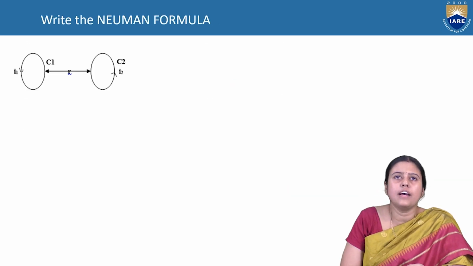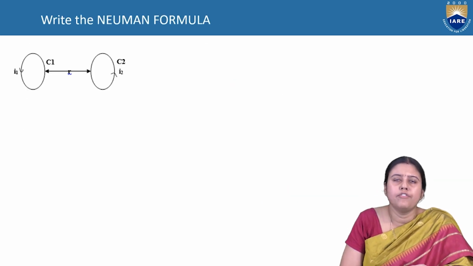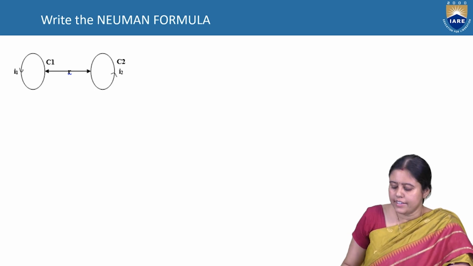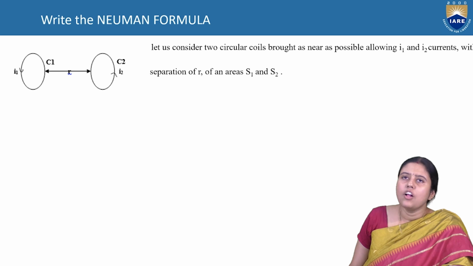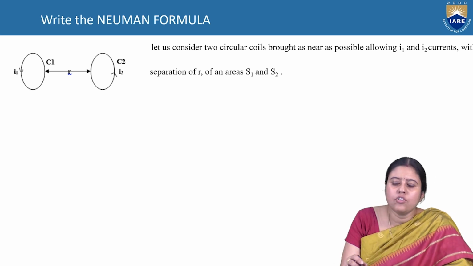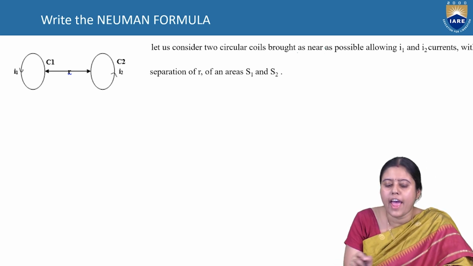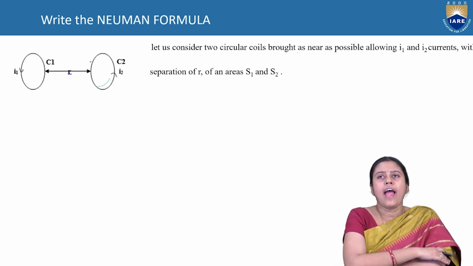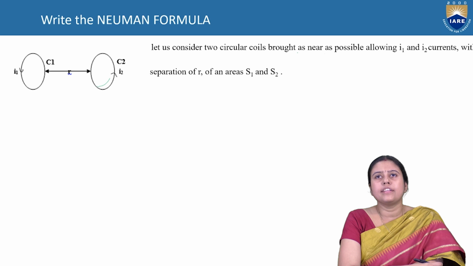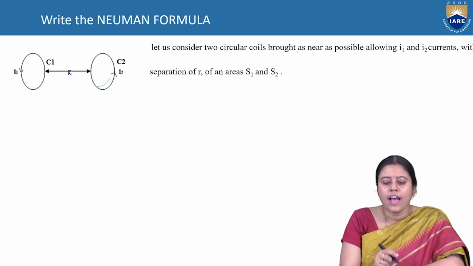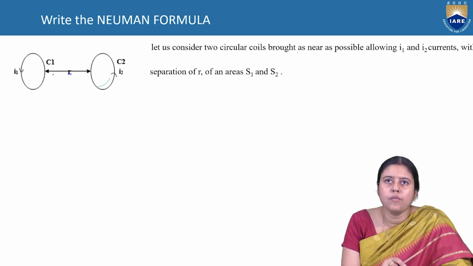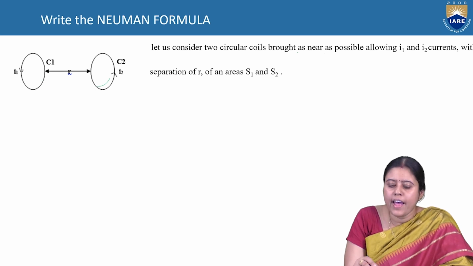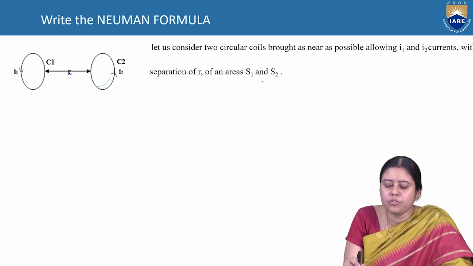So next one is to write the Neumann formula. Neumann formula about the inductance. So let us consider two circular coils. This is a circular coil and this is another circular coil, carrying currents I1 and I2, and we want to bring them nearer, and the separation is r between them.